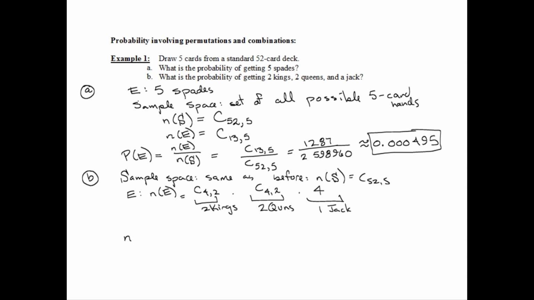So our probability then, once again, we take the number of items in our event and divide by the total number of possibilities in the sample space. So we get combination 4, 2, combination 4, 2 times 4 divided by combination 52, 5.